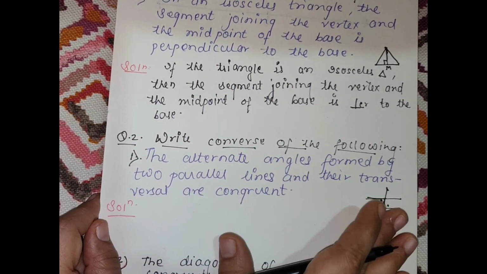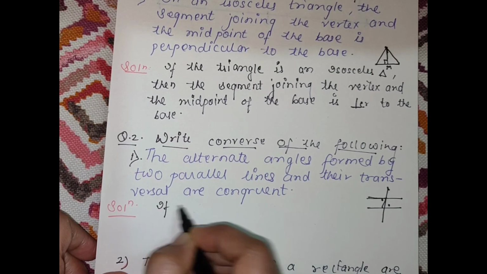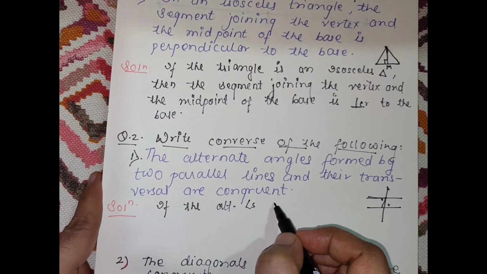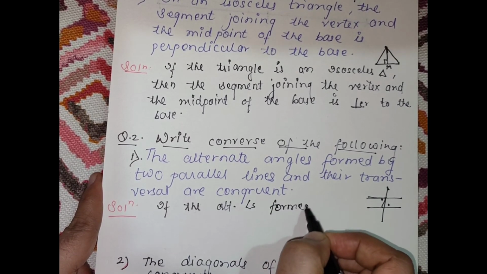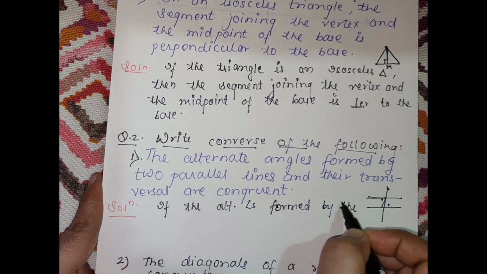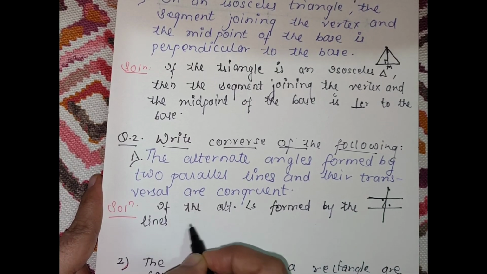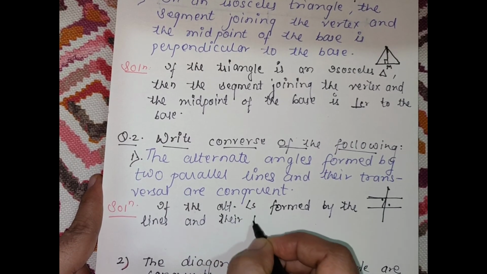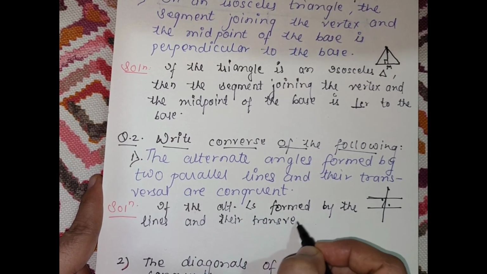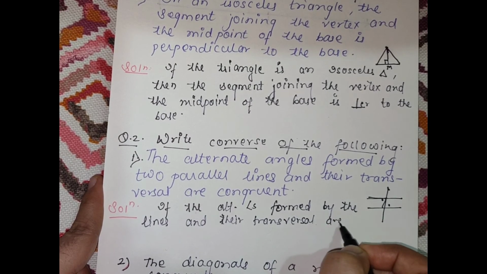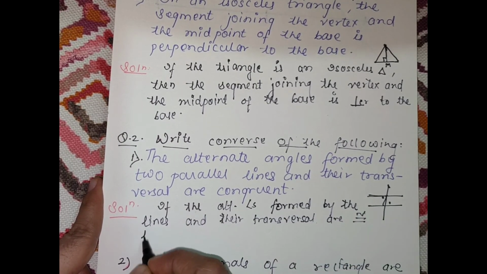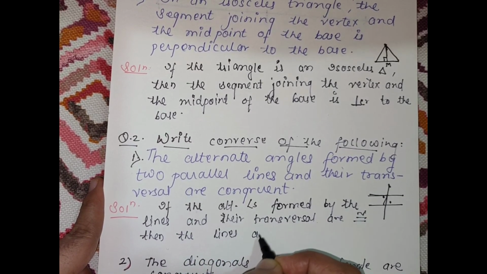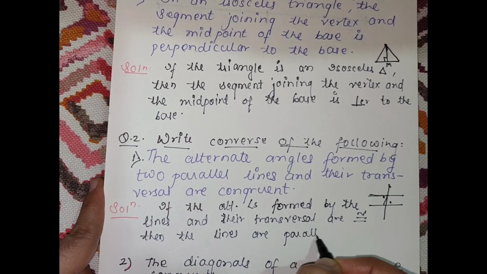So how will you write it? If the alternate angles formed by the lines and their transversal are congruent, then the lines are parallel.